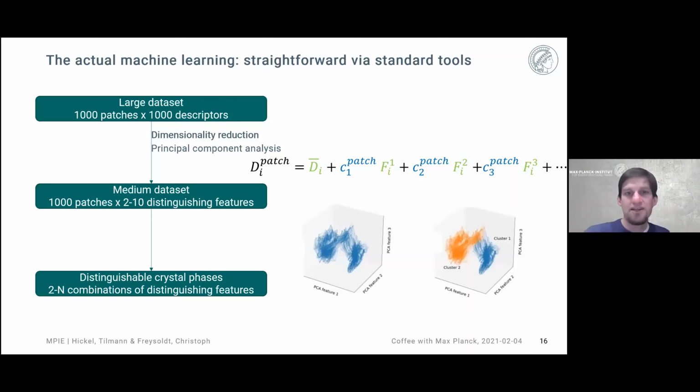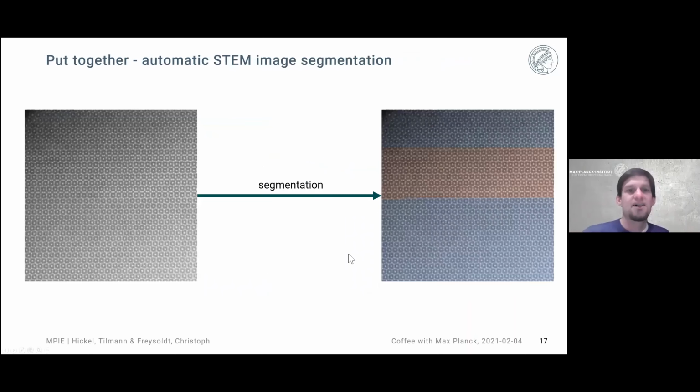And if you put everything together and apply the entire algorithm, you can see that this boring looking image actually contains two different regions. It contains this bluish region here, which is very, very regular, and it contains this red area, which is somewhat different.